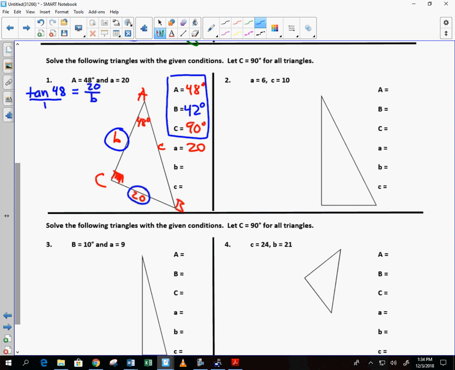Notice this is different. Now the variable's in the denominator. 1 times 20 is 20, equals B times the tangent of 48. How do I solve for B? What do I do to both sides? Divide by?